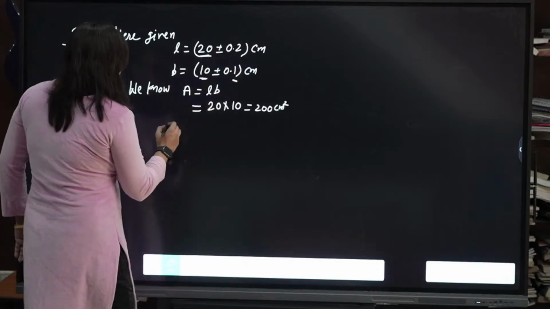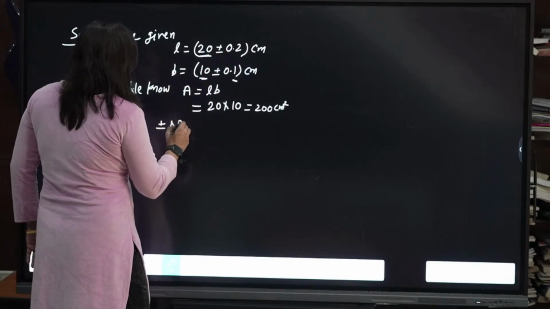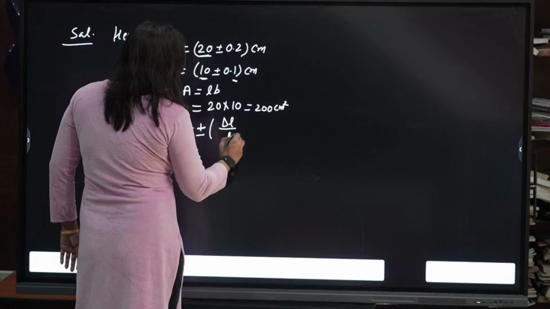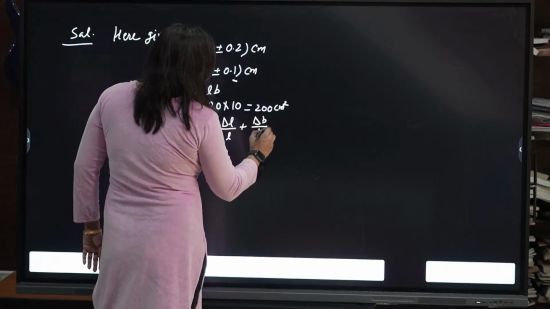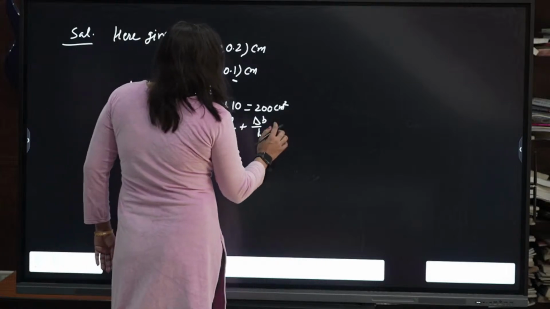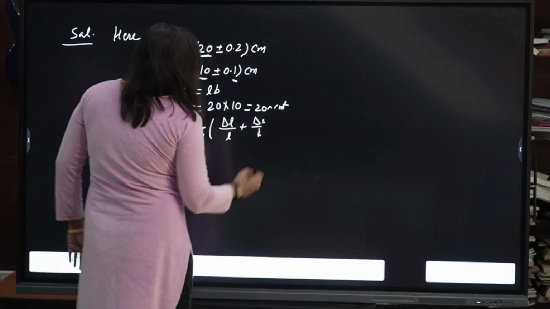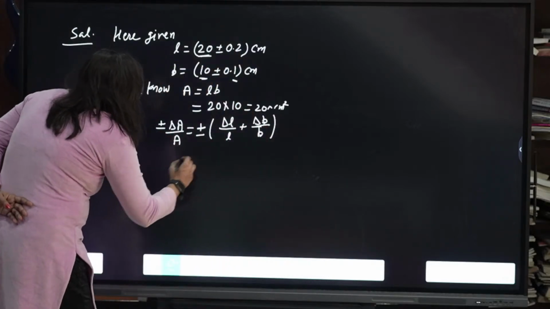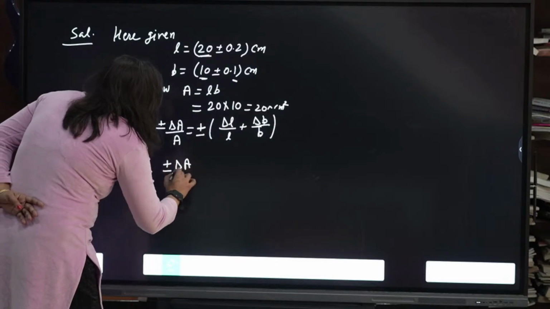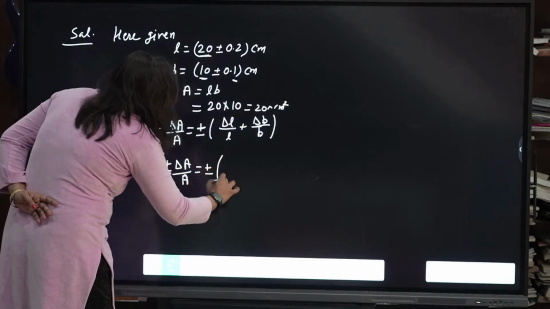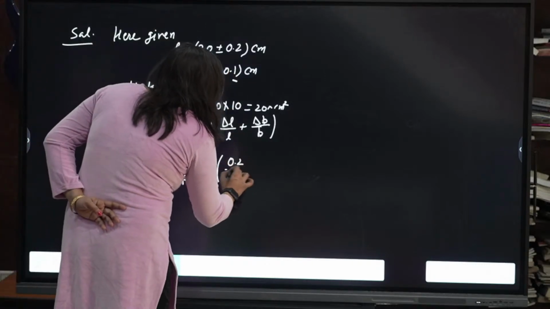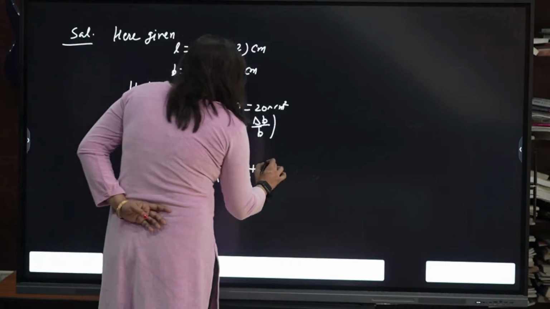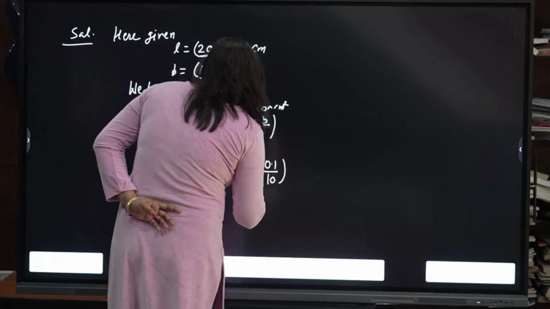And in case of error, you find out plus minus del A, formula you know, plus minus del A by A is equal to plus minus del L by L plus del B by B. Here, by putting all values, plus minus del A by A is equal to plus minus del L here 0.2 by 20 and plus 0.1 by 10 like this.